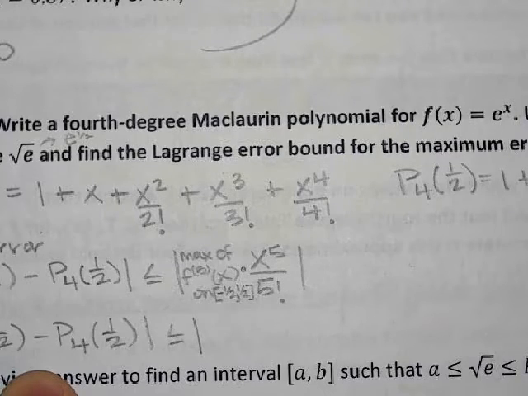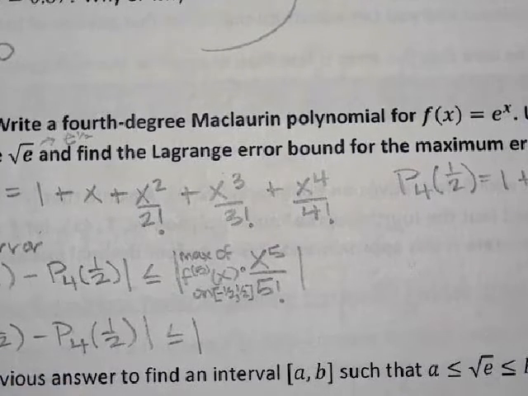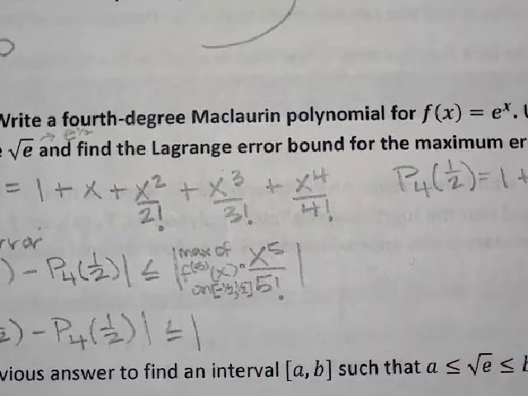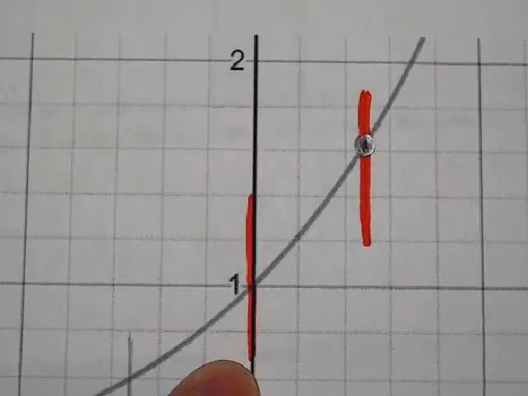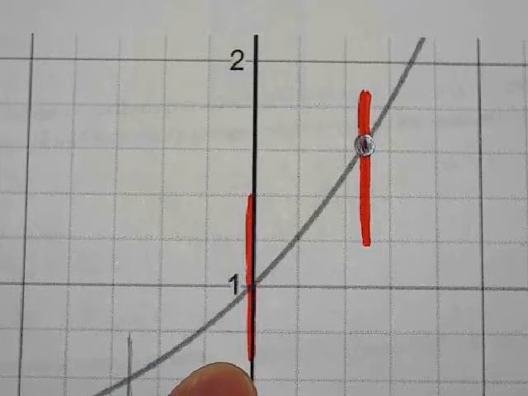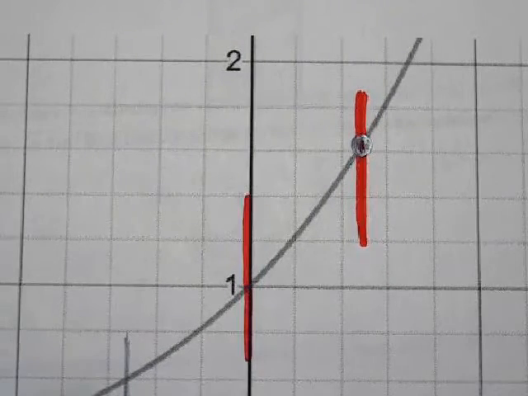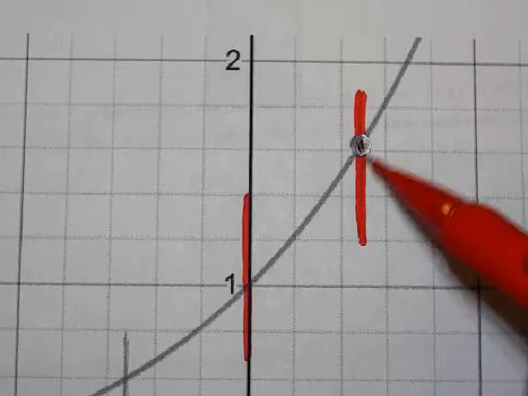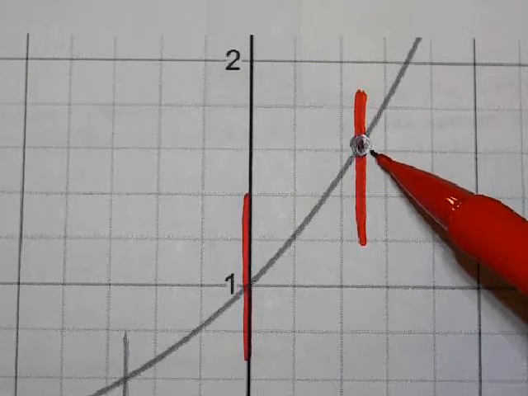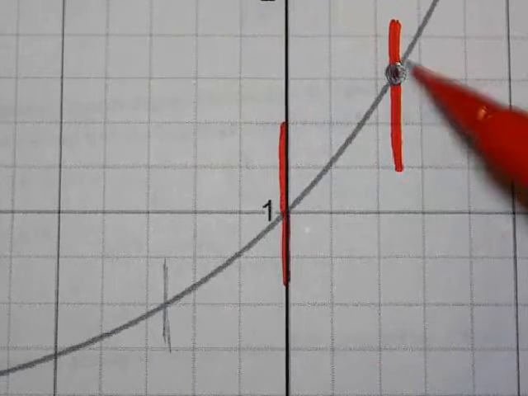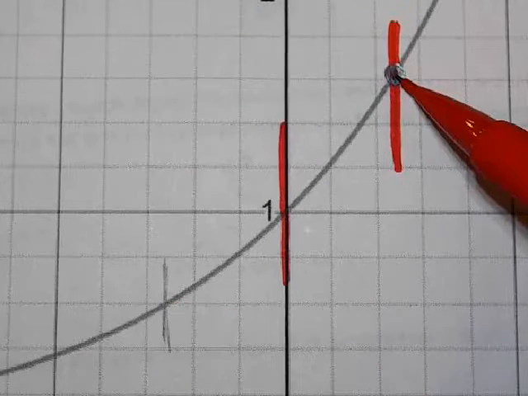All right, so the max of the fifth derivative on that interval. This is the graph of e to the x, but that means it's also the graph of the first derivative, the second, the third, the fourth, and the fifth. So we know the fifth derivative looks just like this, and if we look on the interval from negative 1/2 to positive 1/2, the maximum is found at positive 1/2. Everyone agree with that?